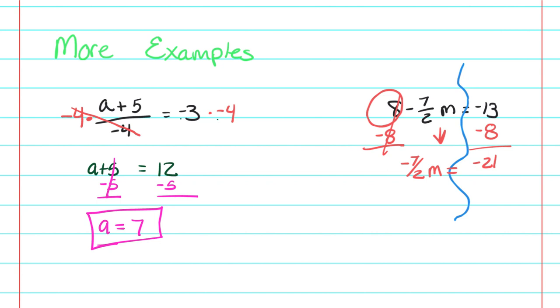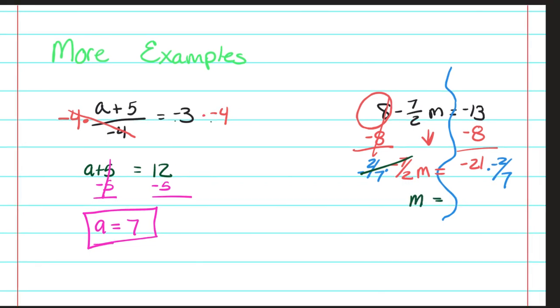Now, I have a fraction right here. I have negative 7 divided by 2 times m equals negative 21. So if I have a fraction, a way to cancel out a fraction, remember, is to times by the reciprocal. So the reciprocal of this would be negative 2 over 7. Times that side, now times this side by negative 2 over 7. These would cancel out, leaving me with just m.